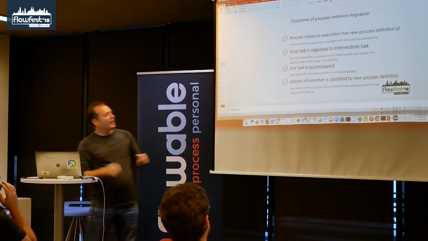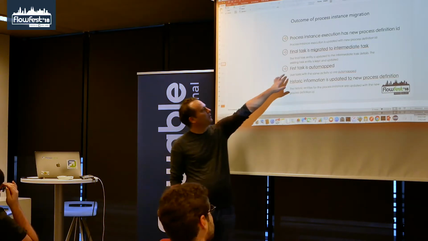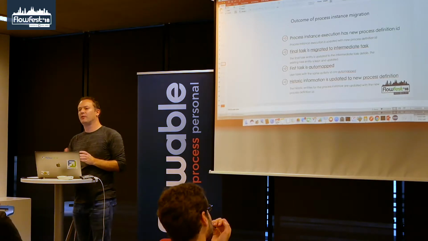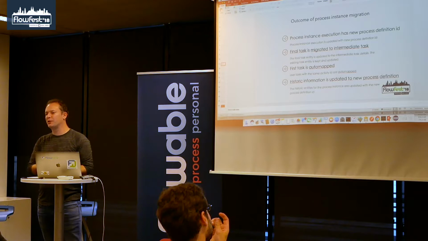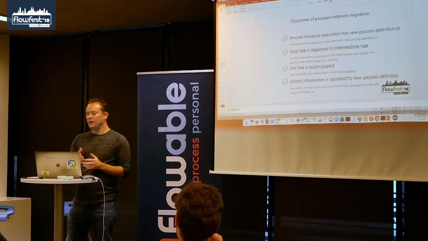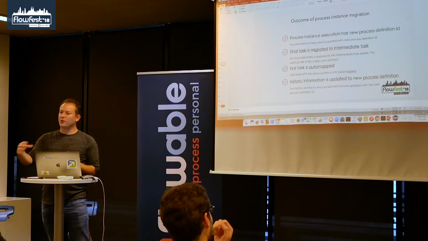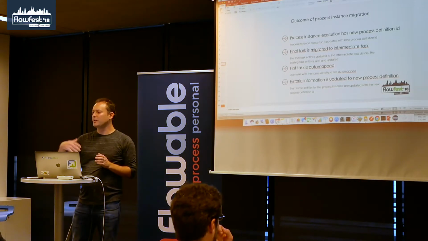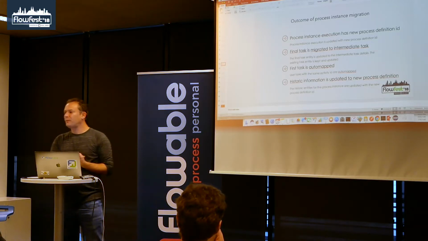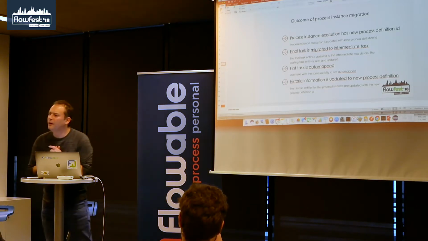And if you would have process instances with first task as the active state, they would be auto-mapped to first task in the target process definition, because you don't have to define an actual mapping for it. They are both present in the old and the new process definition, so that's done automatically if that's the case. And that's also logged. You can also find that in log files.